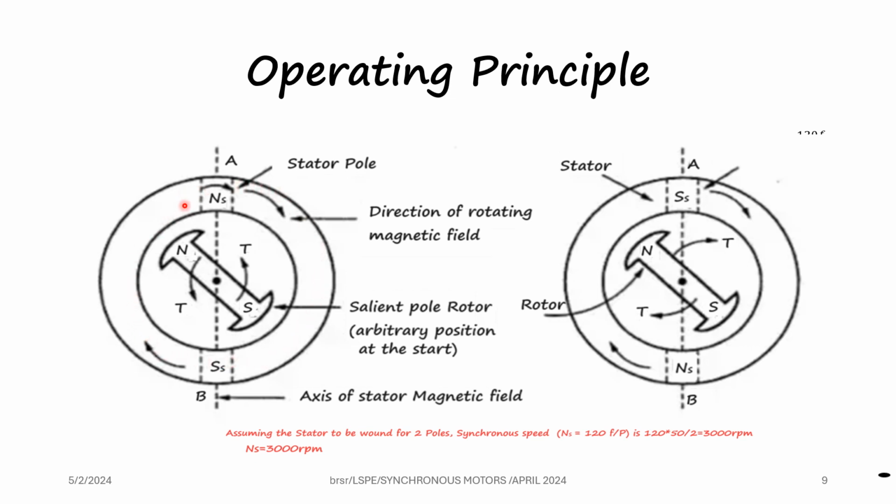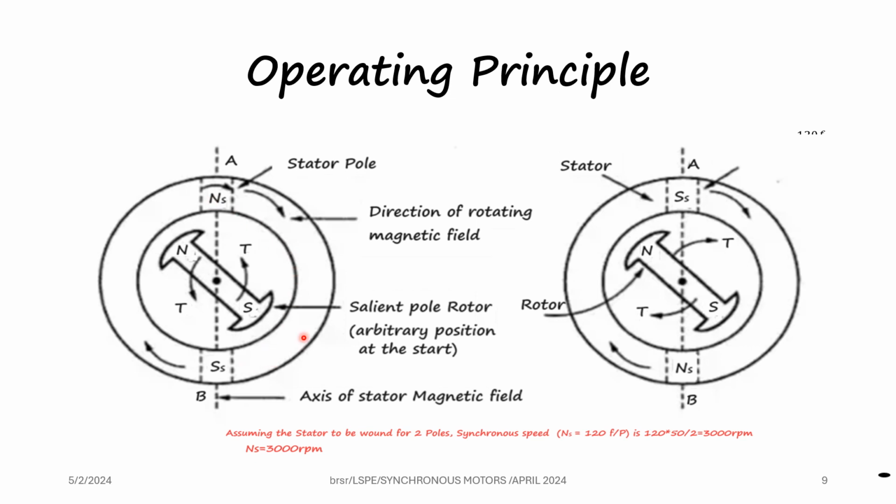Let us assume that the magnetic field produced is rotating in the clockwise direction, and let us assume that this winding is wound for two poles, say Ns and Ss. So when the supply is given, a magnetic field is produced which is equivalent to two physical poles.